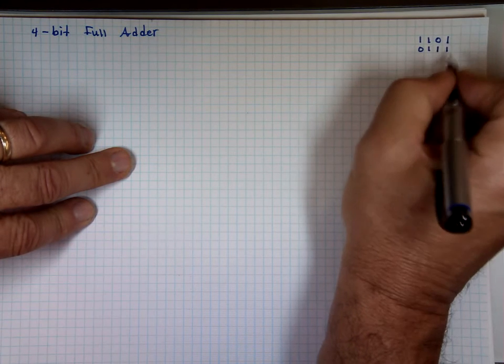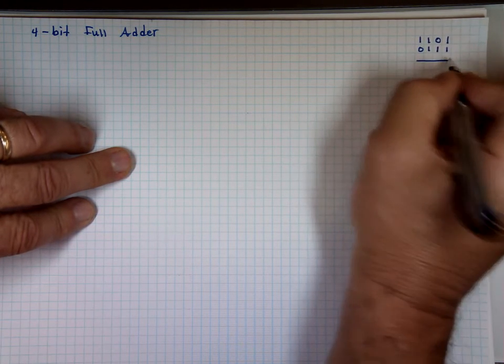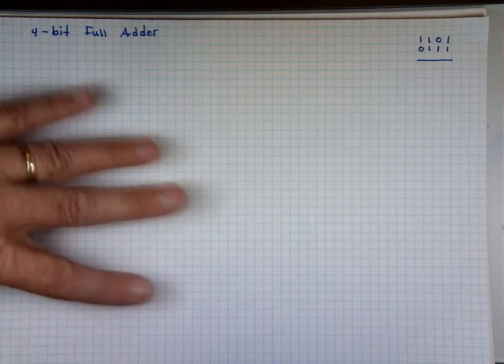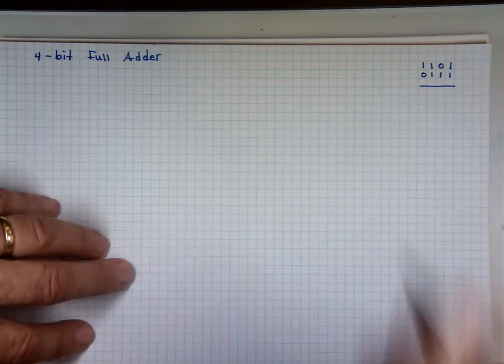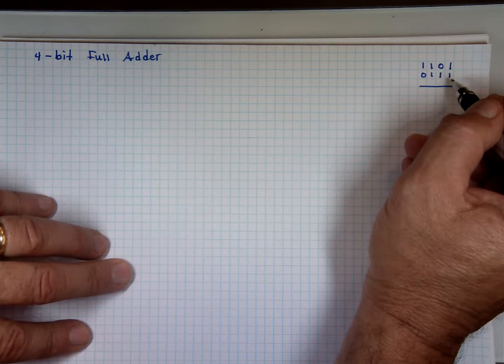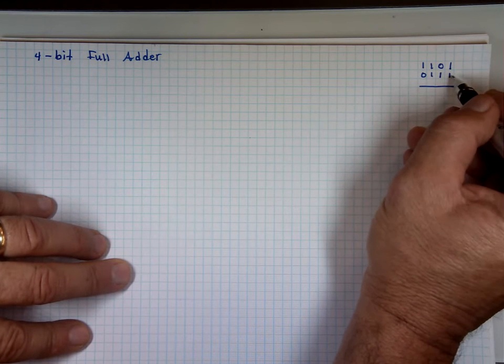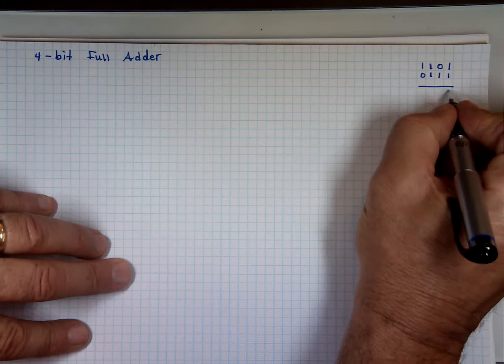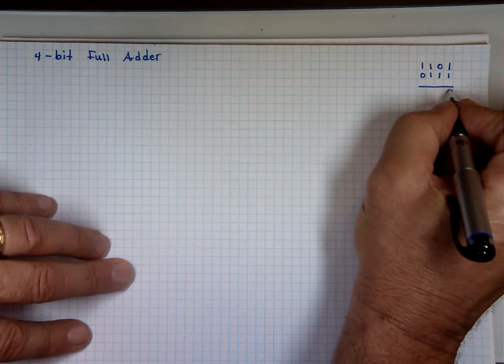Let's see when I add these two. For the first bit on the right side, is there a carry to start with? No. What's 1 and 1? 0. That's your sum. But now we have a carry, right? And what do you do with the carry? You put it right there.